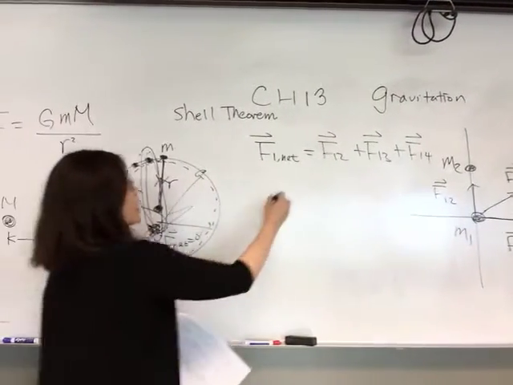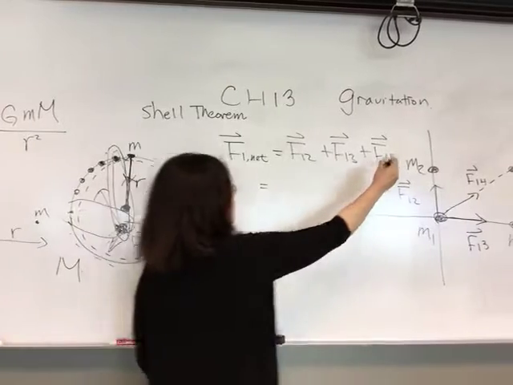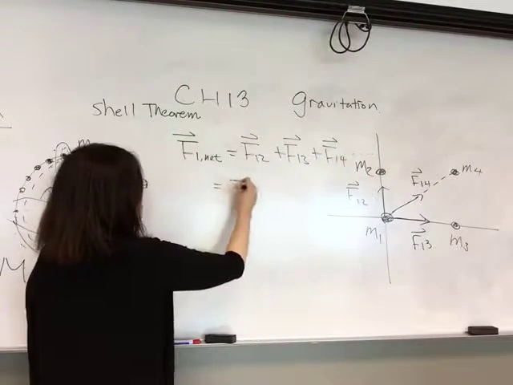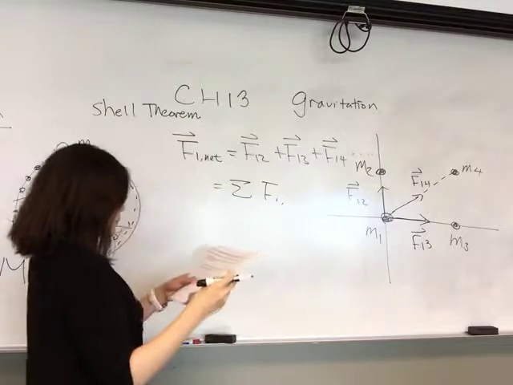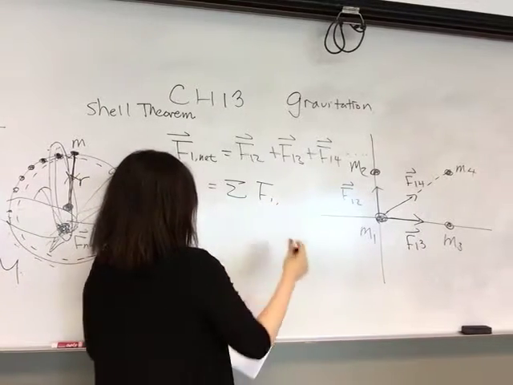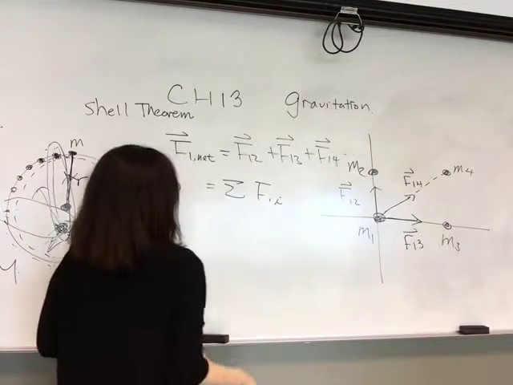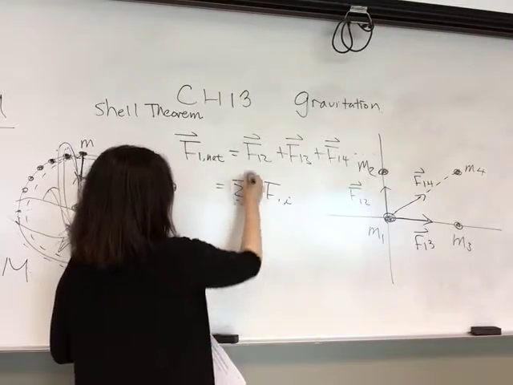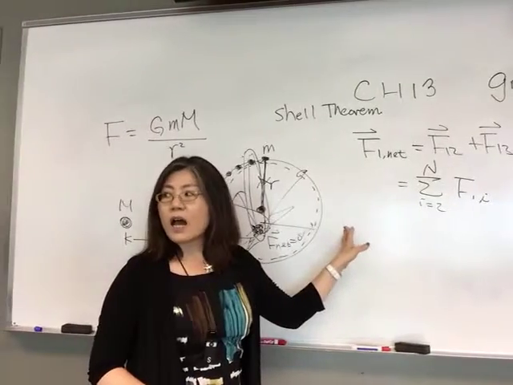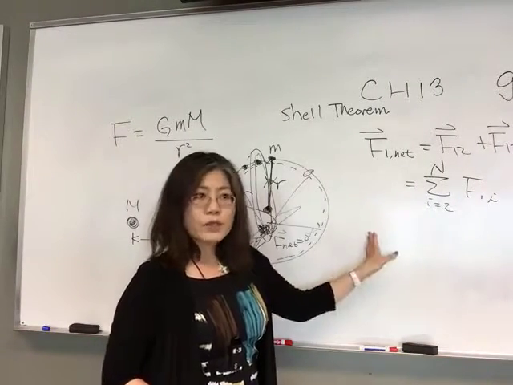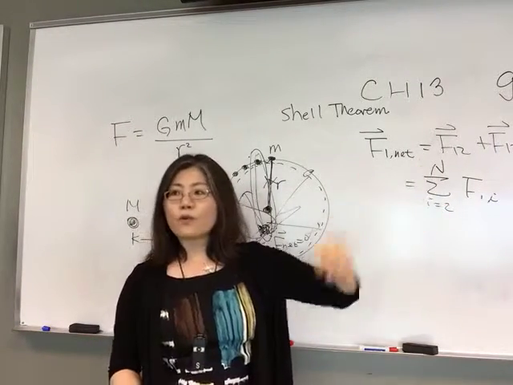Okay, so to generalize this, that will be the summation of F1i, where i starts from 2 to n. So you don't have F11 because it does not self-interact. So you have F12, F13, F14, and so forth.